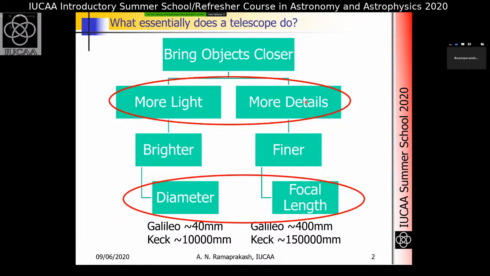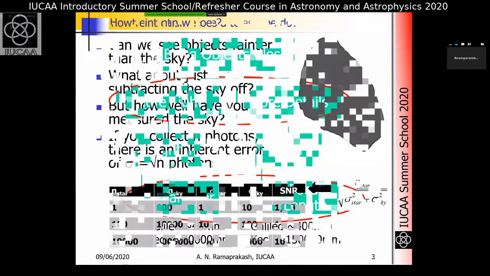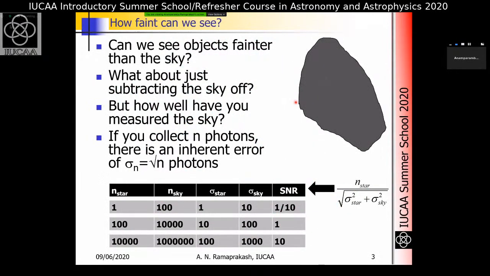And we did some very quick demonstrations of how the diameter and focal length define these parameters, of how much brighter an object becomes, or conversely how faint an object you can see, and also what details you can see.